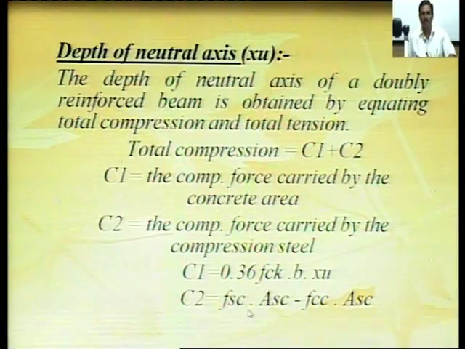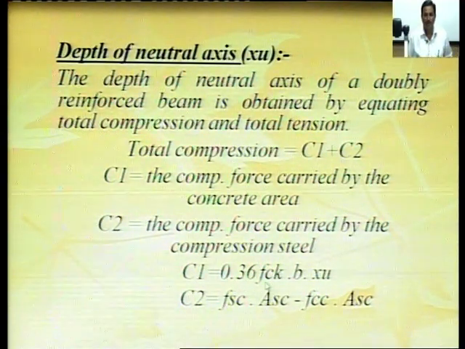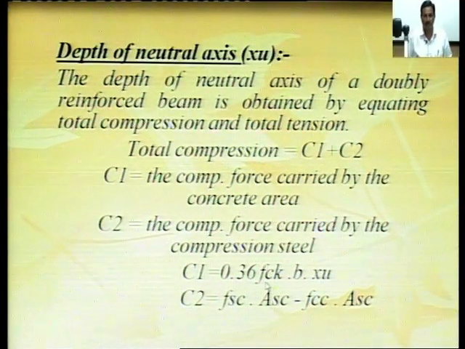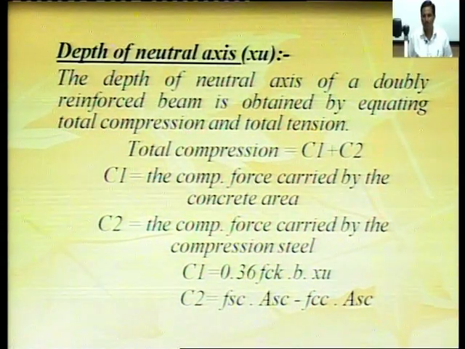C1, the compressive force carried by the concrete area, is equal to 0.36 fck b xu, where fck is the characteristic strength of the concrete, b is the width of the beam, and xu is the depth of neutral axis.